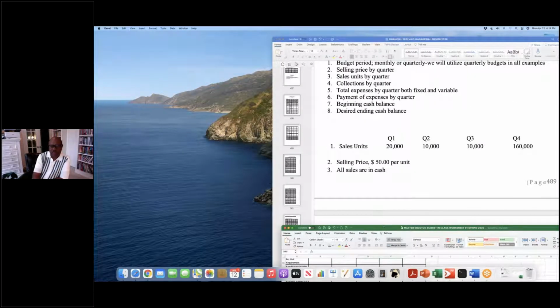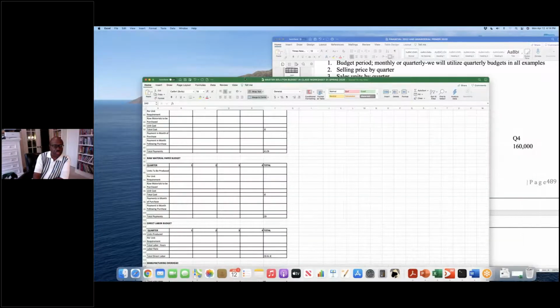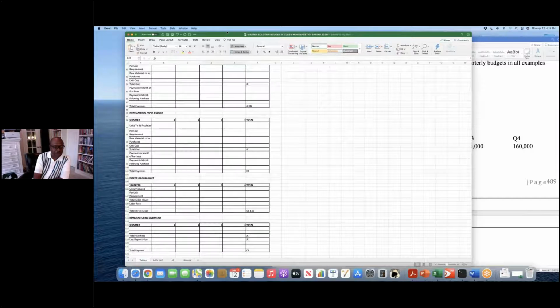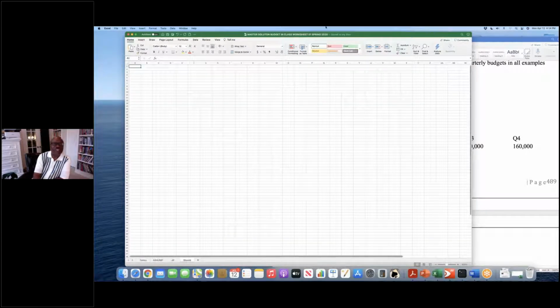So let's see if we can. Professor, is there something on Blackboard so I can look at the same thing on my computer, or can I only look at that through the GoToMeeting? Can anybody answer that question? It's in course content. What is it under is what I'm asking. Master budget.